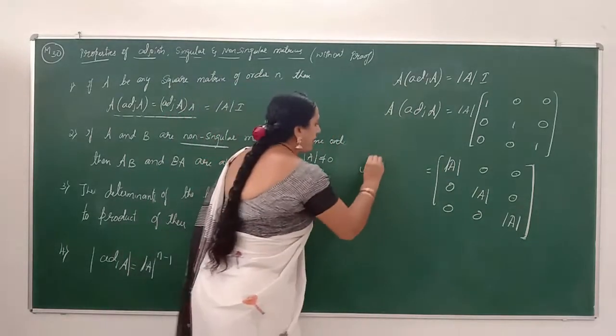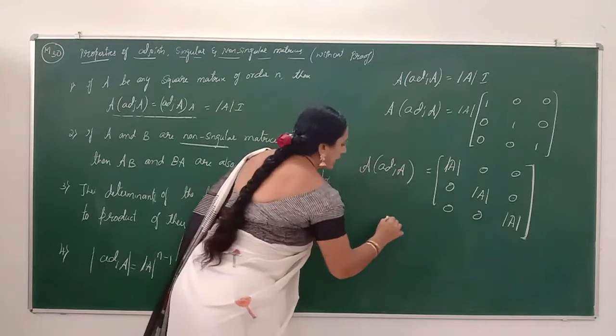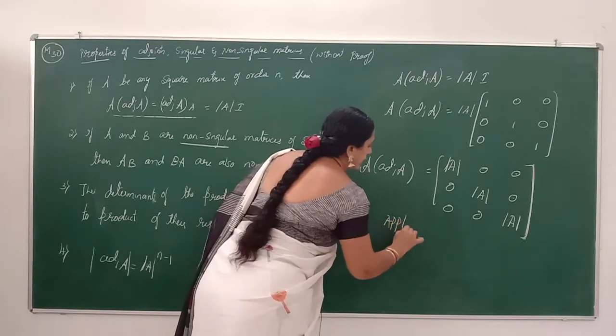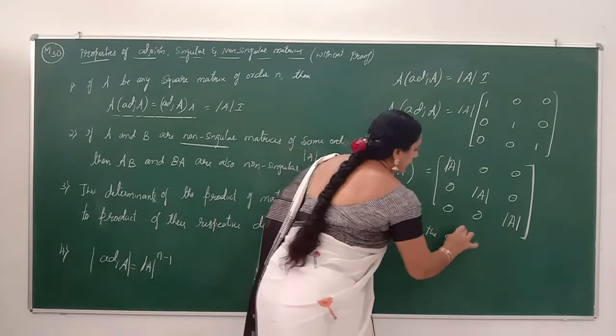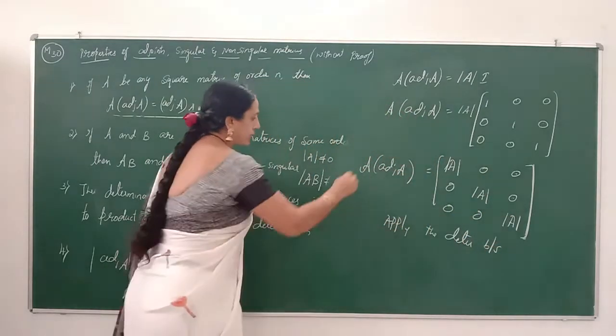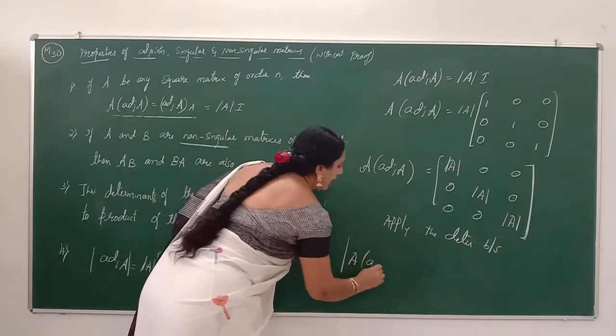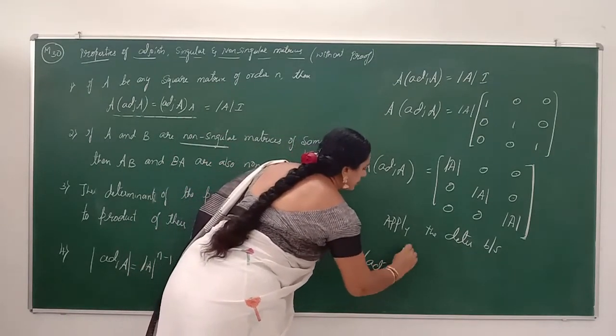So that is A into adjoint of A. After that we apply the determinant on both sides. That is determinant of A into adjoint of A.